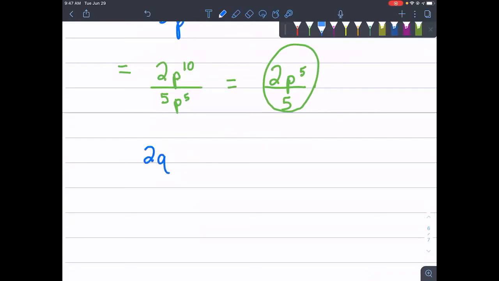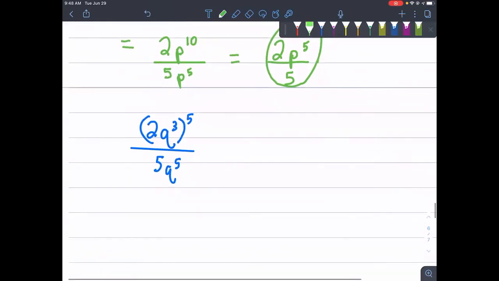Do one more of these. 2q to the 3rd to the 5th over 5q to the 5th. 2q to the 3rd in parentheses to the 5th. Exponent on the 2 is a 1. Are we going to take that 1 times 5 on this one?